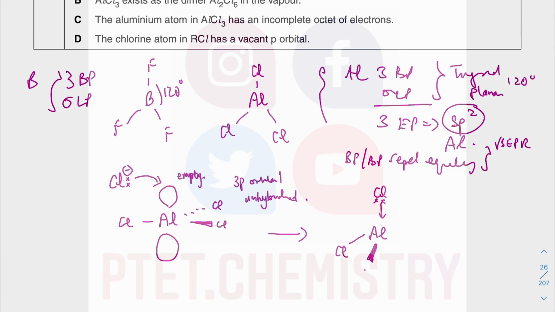Now you are no longer trigonal planar, because now you are tetrahedral with 4 bond pairs, including this dative covalent bond, which gives the aluminium a negative charge because the chloride donates both the electrons in the covalent bond to aluminium. That is the very definition of a dative covalent bond, which you have covered in your classroom or from your own reading. So that has become tetrahedral aluminium.